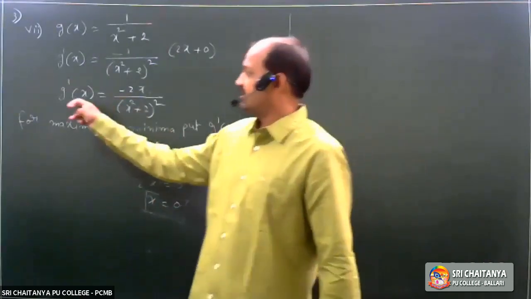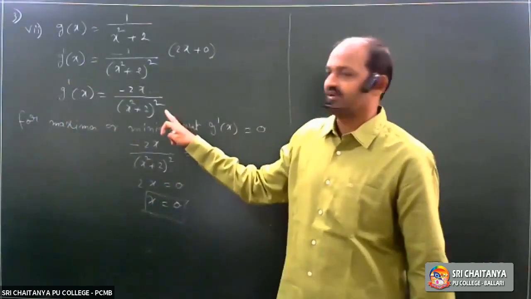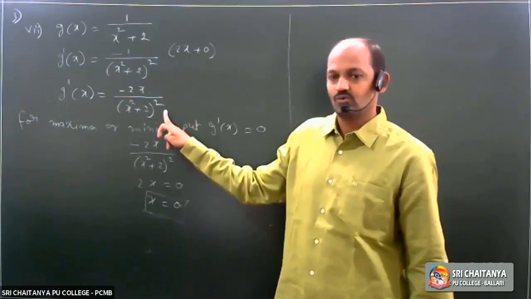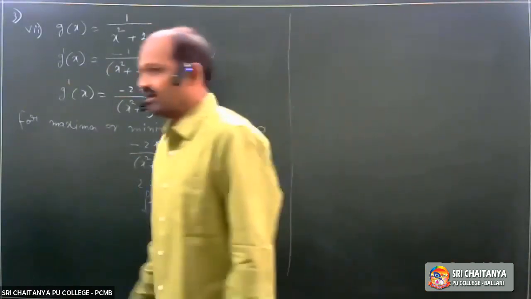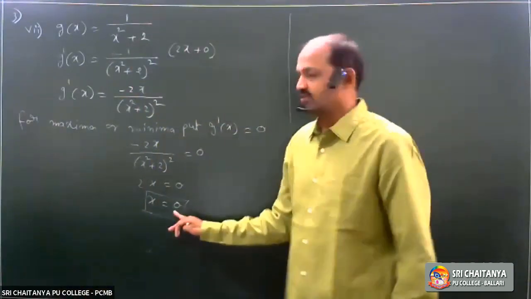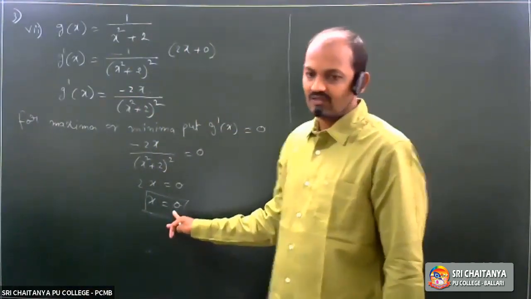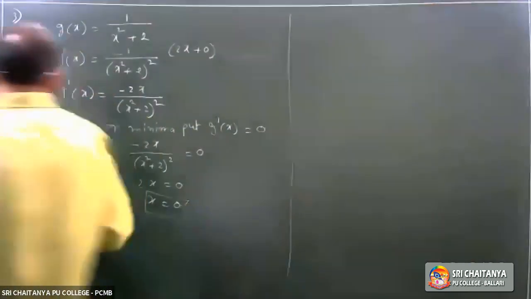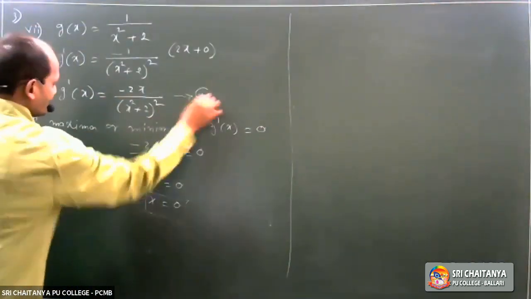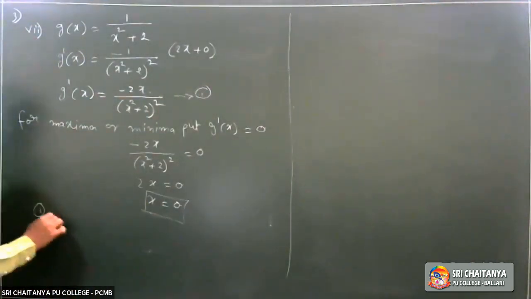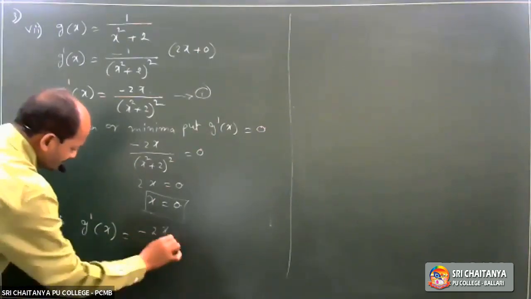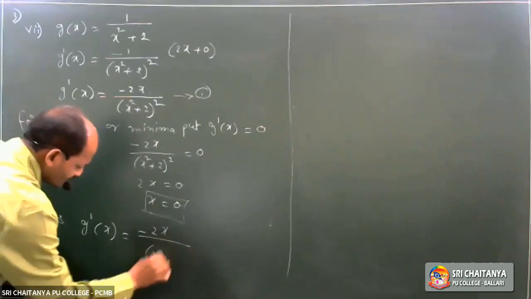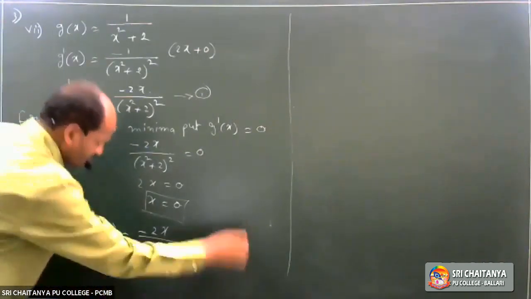So here the first order derivative is minus 2x divided by (x square plus 2) whole square. So again we have to find a derivative, and in that derivative, substitute x equal to 0. Okay? So from equation 1, g dash of x is equal to minus 2x divided by (x square plus 2) whole square.